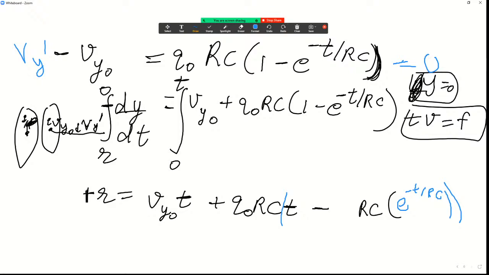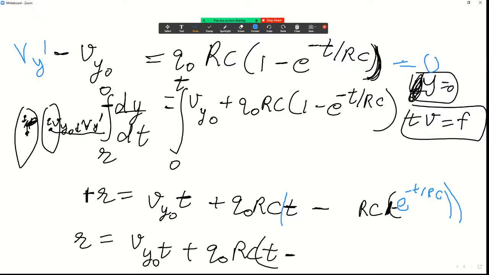Okay, so if we put the limits, we get 1 minus this. So we have R equals Vy 0 t plus Q naught RC t minus RC times 1 minus e to the power minus t by RC.